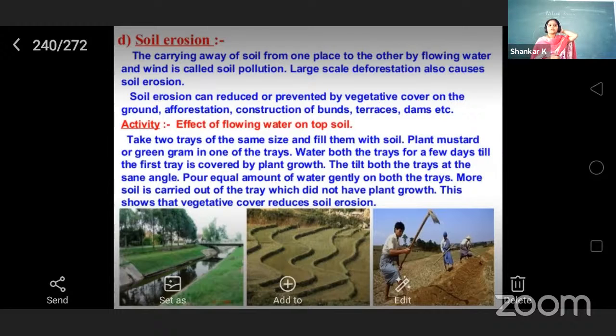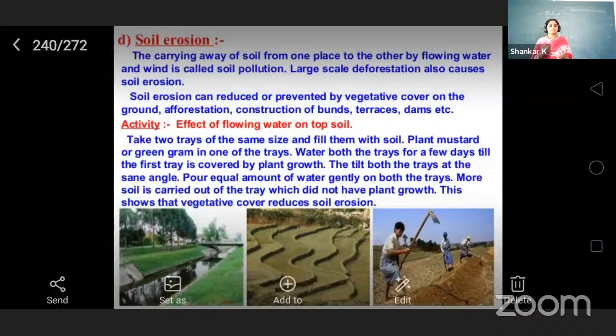And the next is the effect of flowing water on topsoil. What happens if rain water flows on topsoil? You can do this activity at your home.